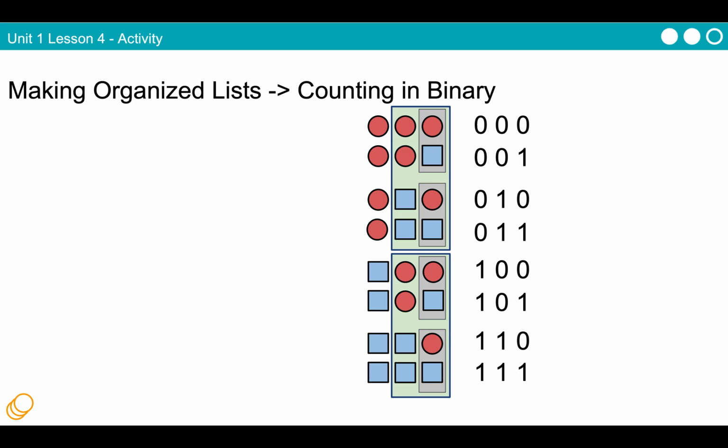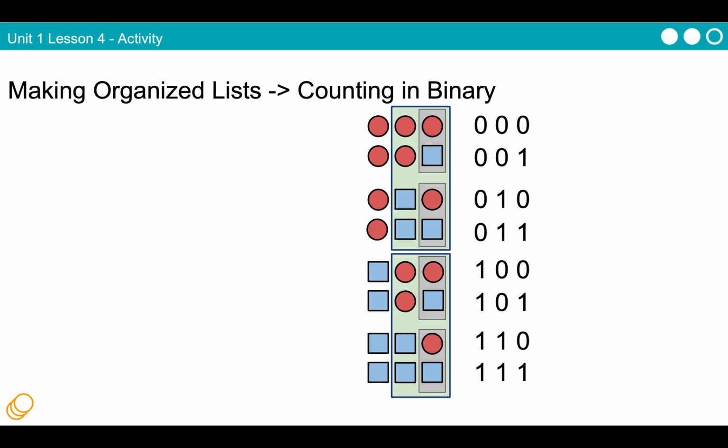So, making organized lists: counting in binary. When we were building our circle square patterns previously, for our 3 position and our 4 position, it didn't allow us to fill it up with just circles or just squares, and I did mention that when we looked at those lessons. But now we have the ability to fill the entire row up with the same shape.